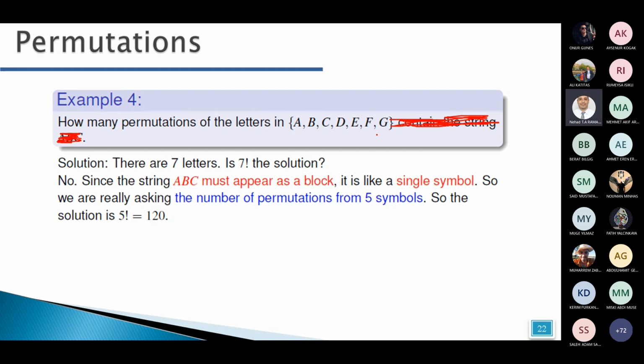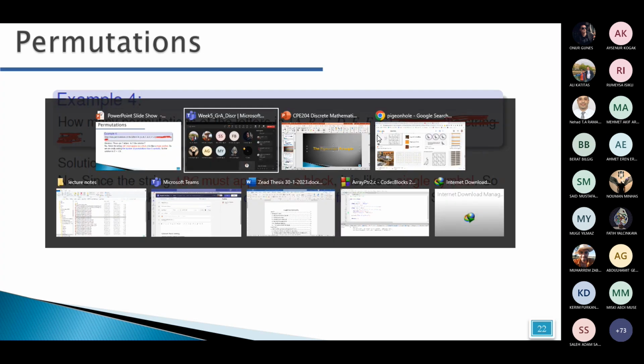Permutation means different order of these letters. How many possibilities do you have? How many permutations? Or how many different strings can you get from these letters? It's the same question. Try to answer it. I don't need the final answer. You can write the rule at least.